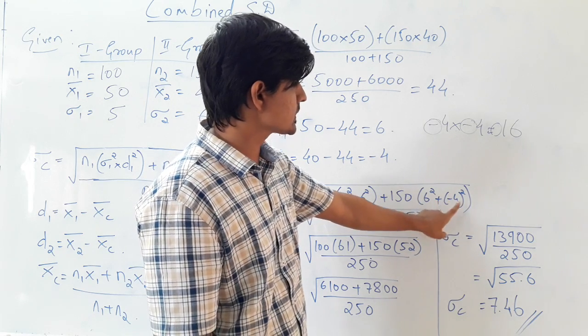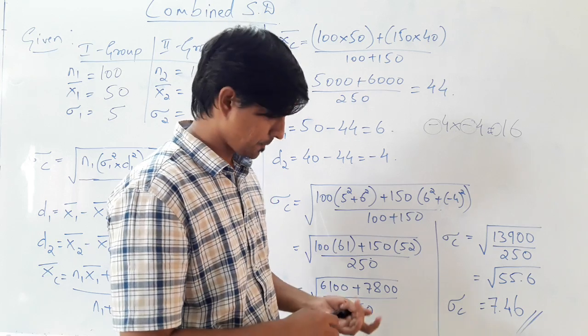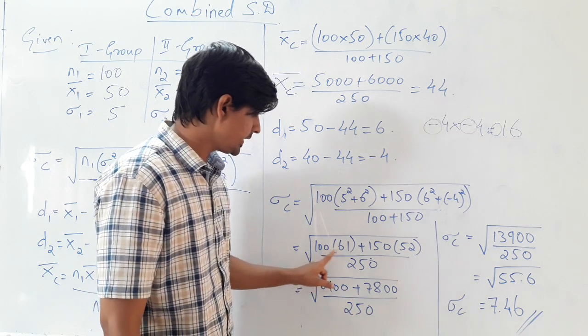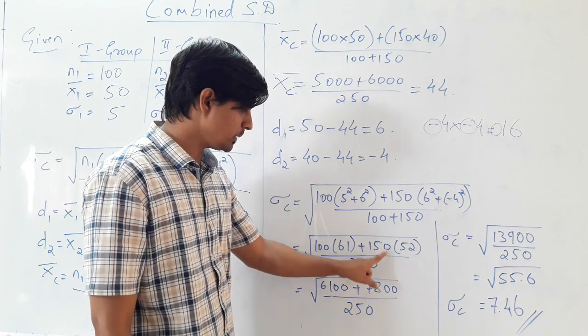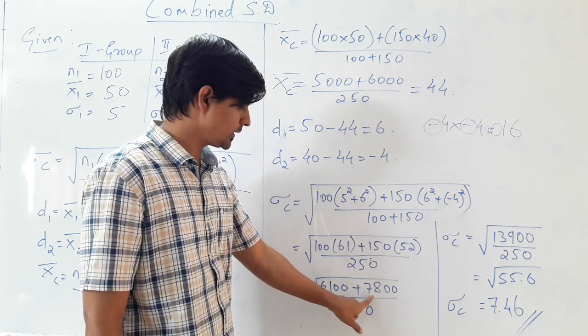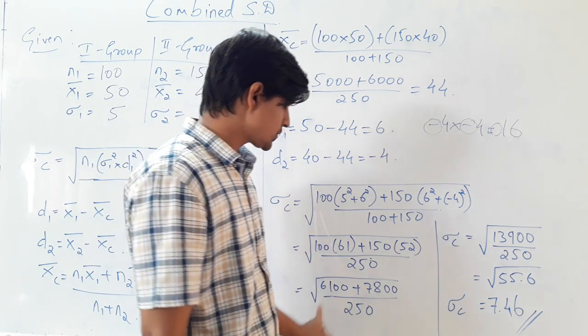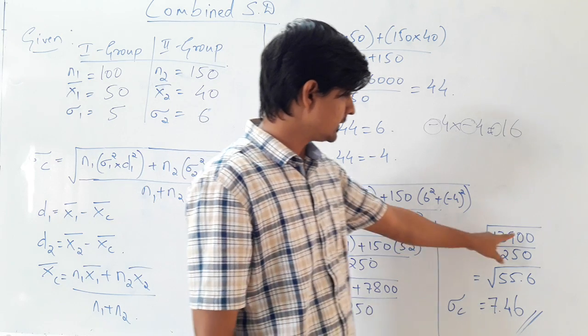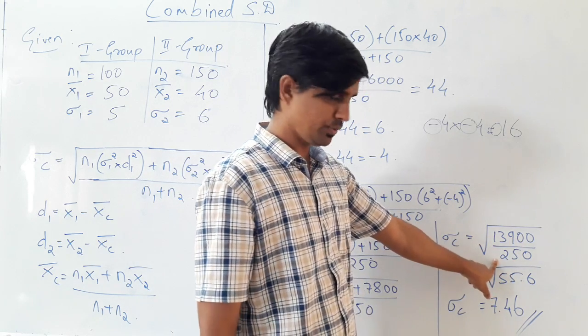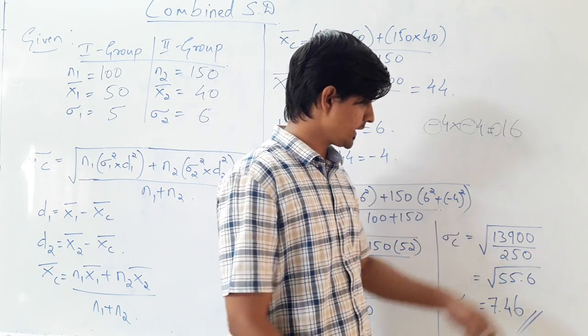So 36 plus 16 is 52. Now multiply 100 into 61, which is 6100. Multiply 150 into 52, which gives 7800, divided by 250. Add these two and you get 13,900 divided by 250. The 0 gets cancelled.